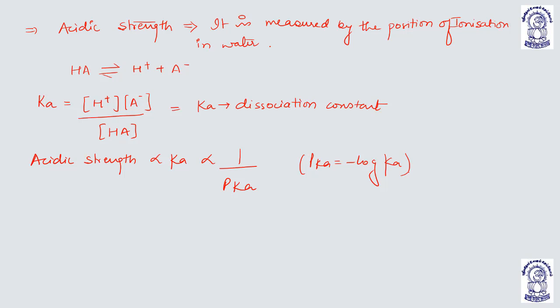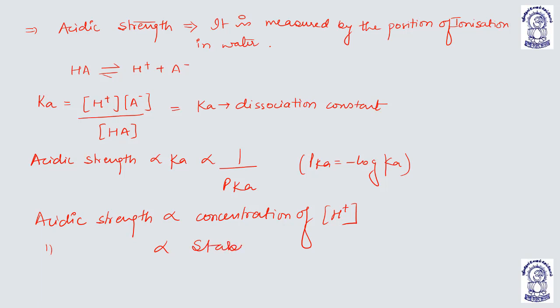Okay, acidic strength also depends upon the H plus ion concentration, not only on this, but on how much H plus ion is neutralizing the other compound. And the stability of acid anion.